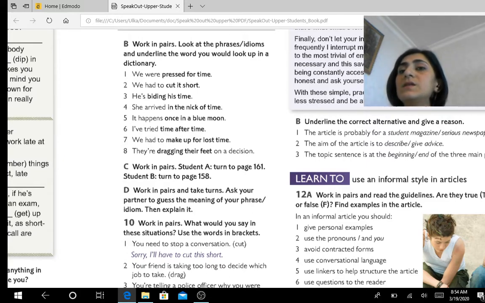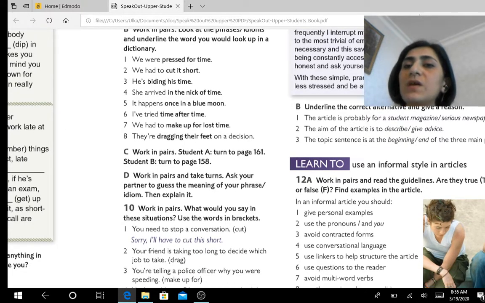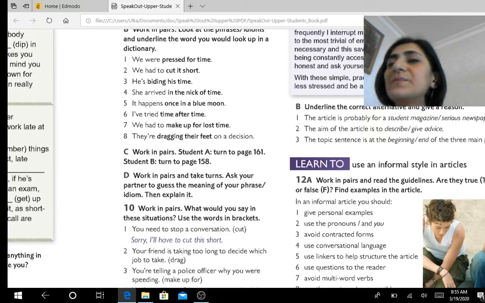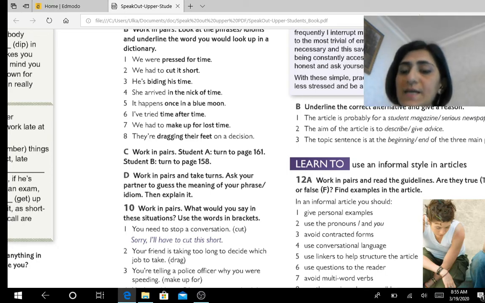These idioms are very popular and common. If you visit pages 158 and 161, you can find all the definitions of your idioms in exercise 9B.